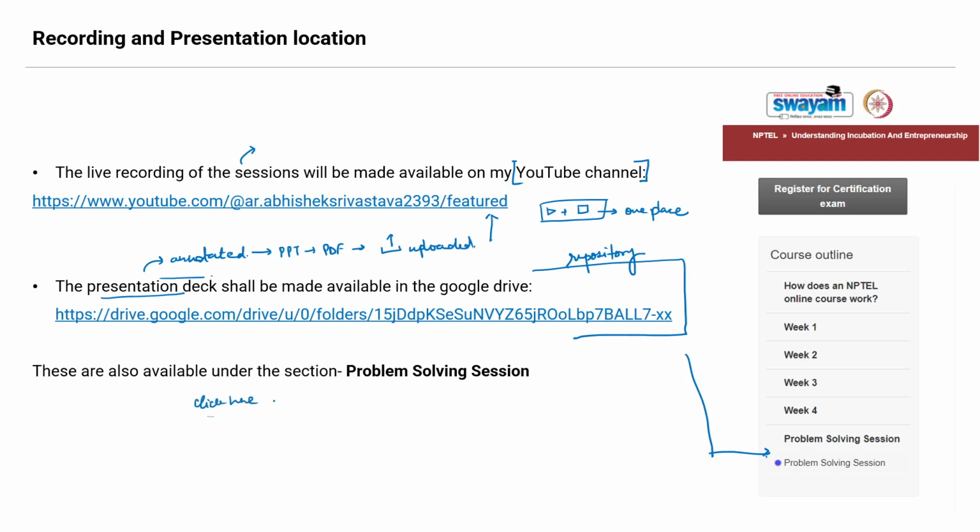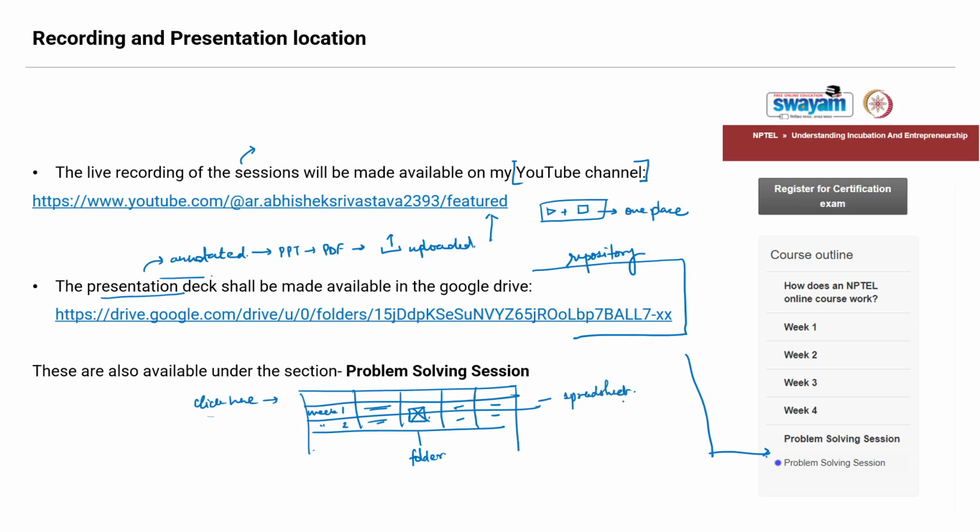There are a couple of clicks required, and then you will land upon a spreadsheet, and in that you'll have week one, week two, and then the YouTube link. There will be a common repository for the folder, and then a few more details regarding myself as a TA and the number of people who have attended the session. That's how the spreadsheet would appear.